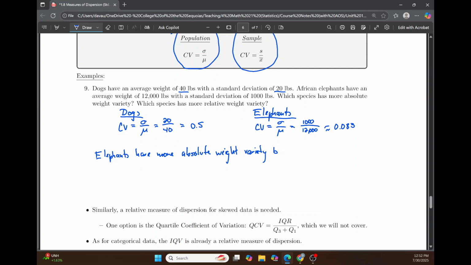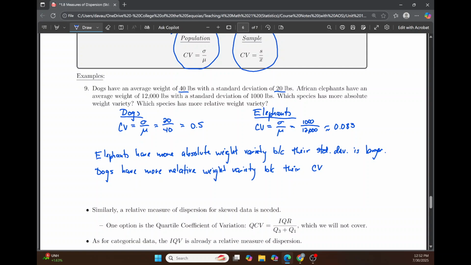However, dogs have more relative weight variety because their coefficient of variation, their CV, is larger.